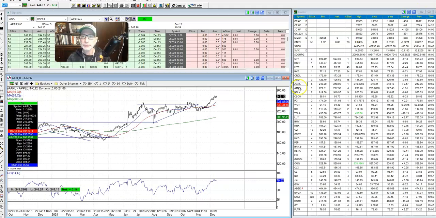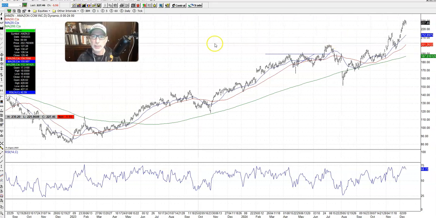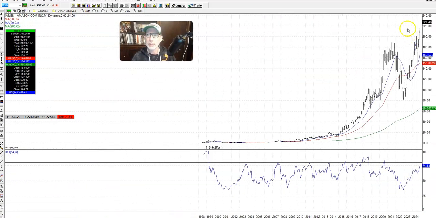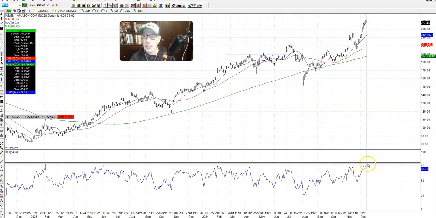Amazon has broken out to, I think, all-time new highs. Let's check the monthly. Yep, all-time new highs for Amazon. Looking good. Not completely overbought, but it's certainly gone up pretty well in the last couple weeks. I would maybe wait for a little bit of a pullback. Upsloping moving averages are very important.